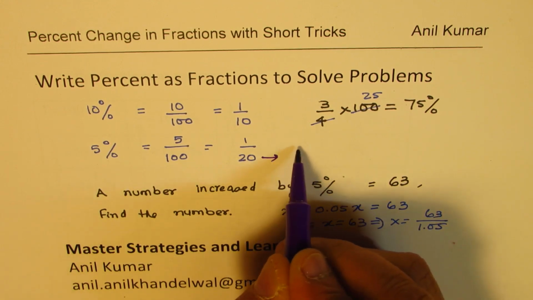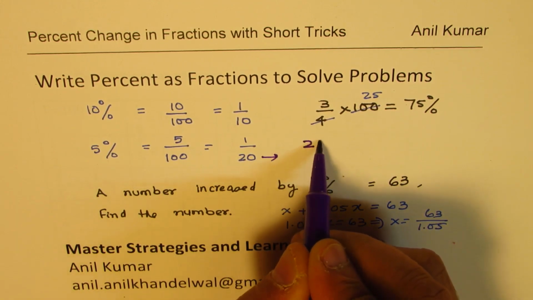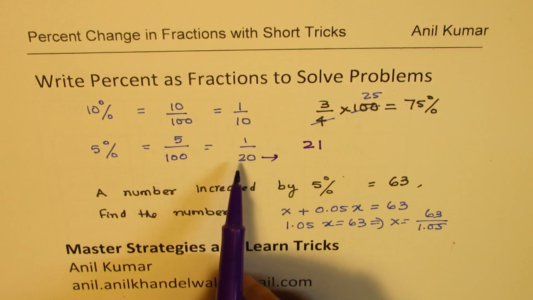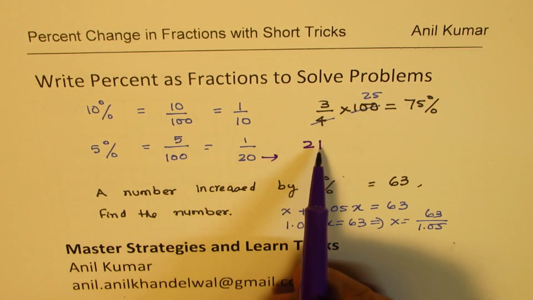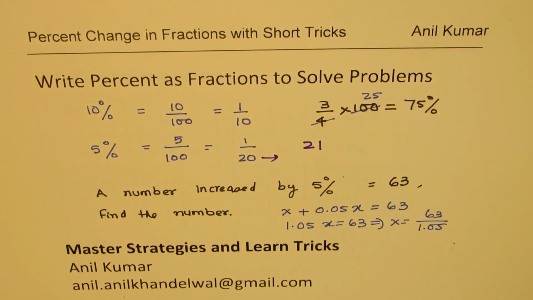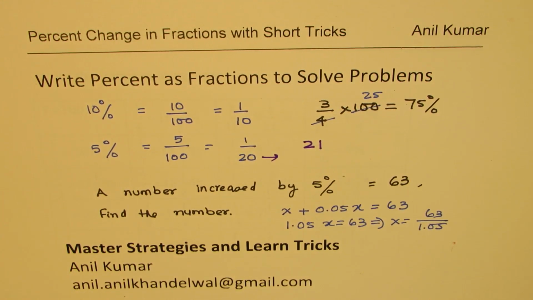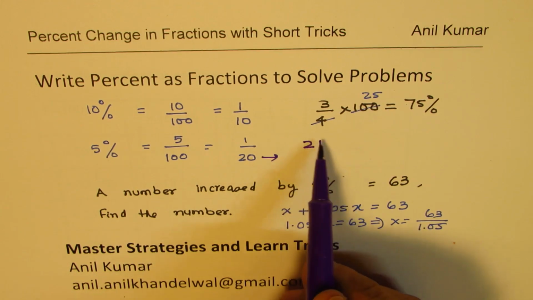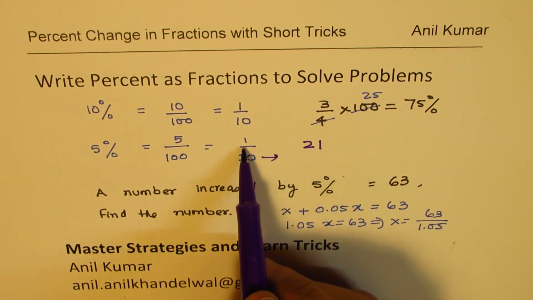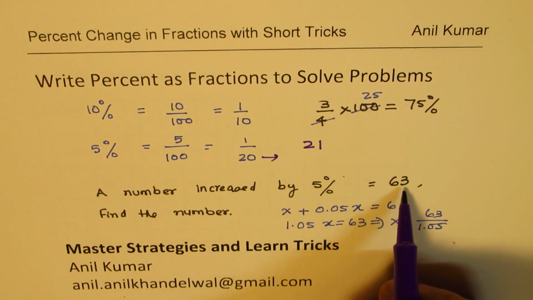So that number 20 will become 21, right? So from 20, if a number becomes 21, that is increased by 5%. You get an idea, right? So now what we are saying here is that this increase by 1 is equal to 63, right? So that's what we're trying to say.